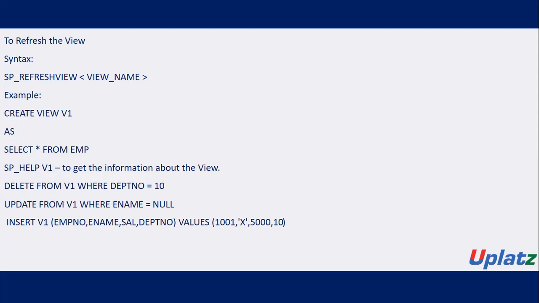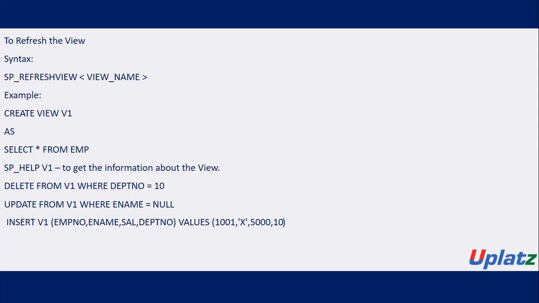So insert into v1, open parenthesis, employee number, employee name, salary, department number, and then we are inserting the values: 1001, comma, x enclosed in single quotes, which is a string because employee name is a string value, 5,000 is the salary, and department number is 10.